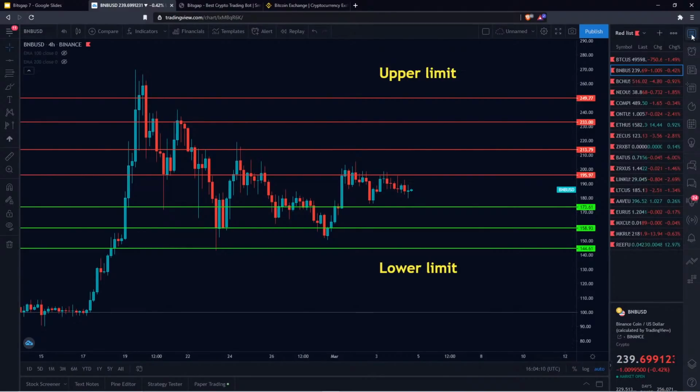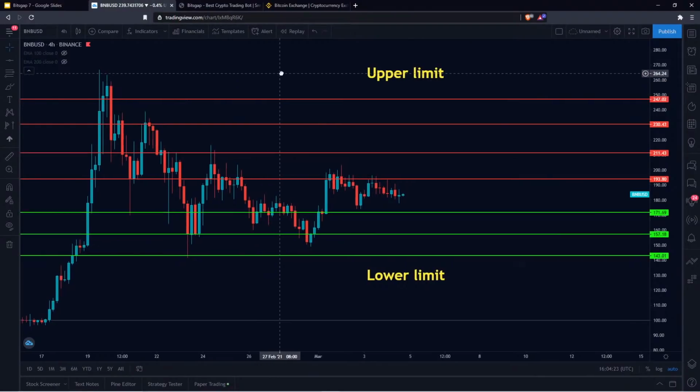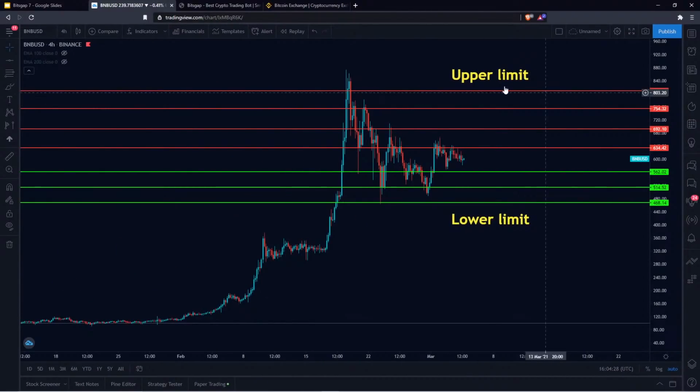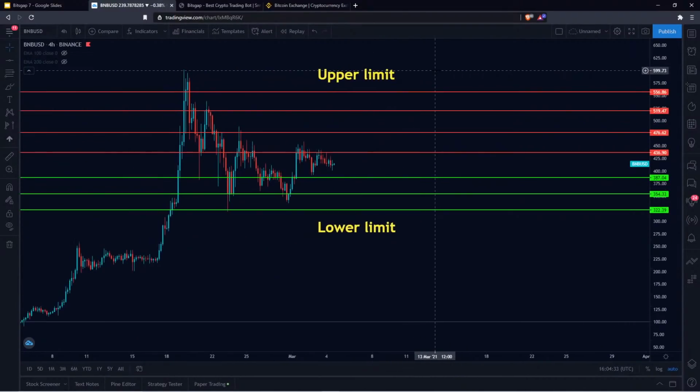So the idea that we have at Bitsgap is that there is a trading range within which the automated bot is going to execute trades for you. So it looks like this. You have the lower limit price, which is basically the bottom point, and the upper limit price, which is basically the highest sell order within your trading range.